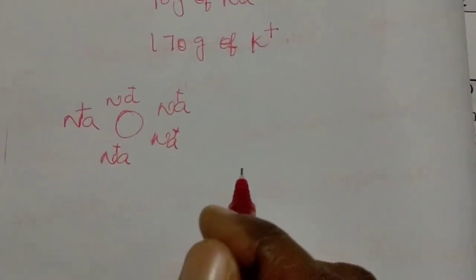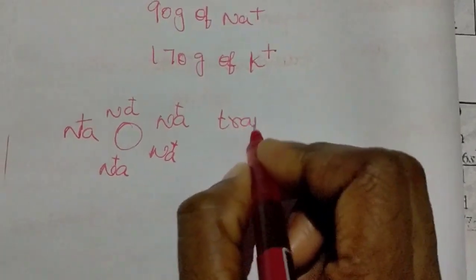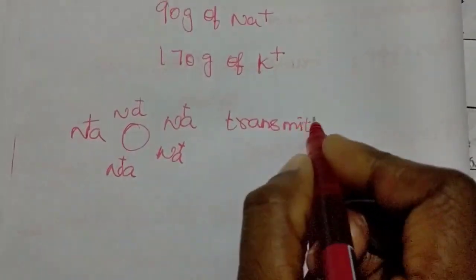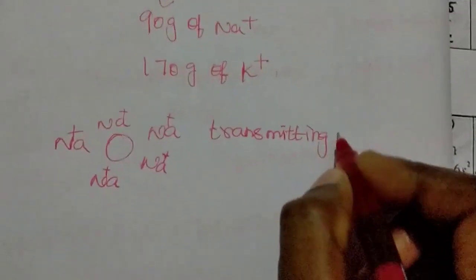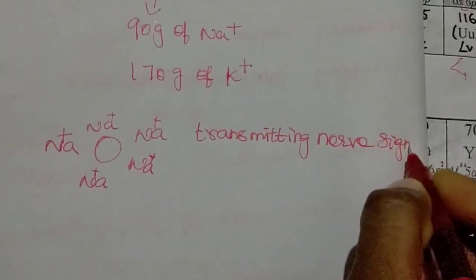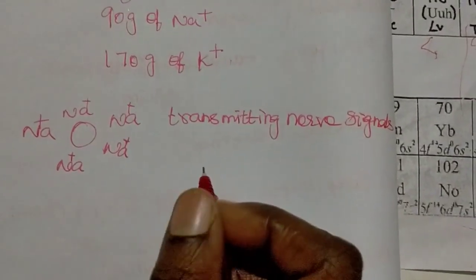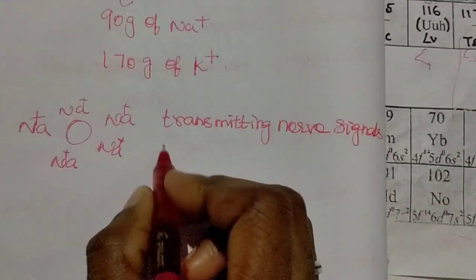It is important for transmitting the nerve signal to the cell, and also it regulates the flow of water.